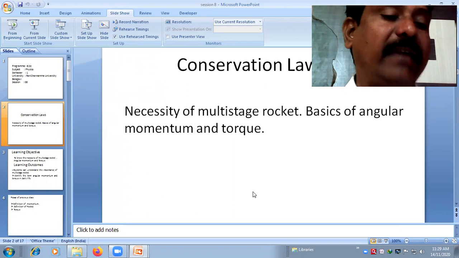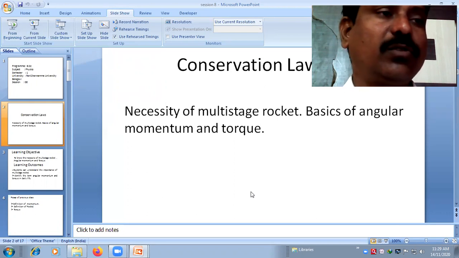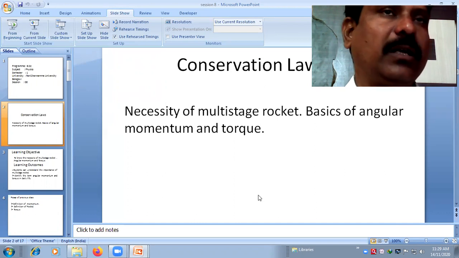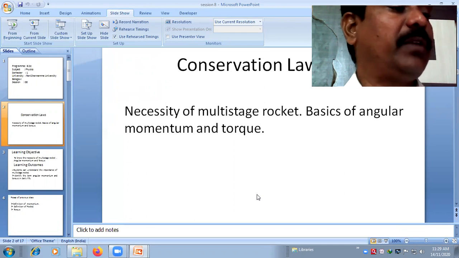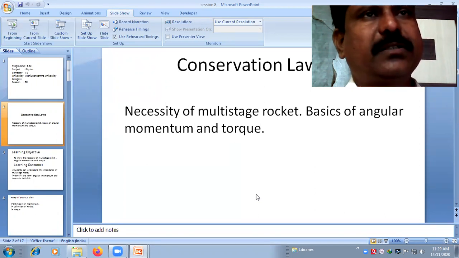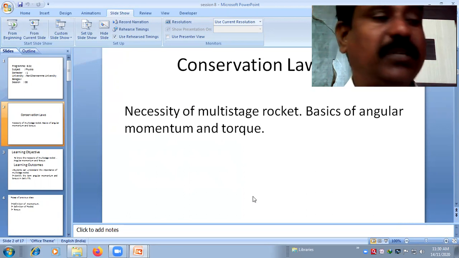To obtain a high velocity of the rocket, the value of your exhaust velocity small v must be large. That means the hot gas escaping out at the bottom of the rocket should be large in order to have a high velocity of the rocket.